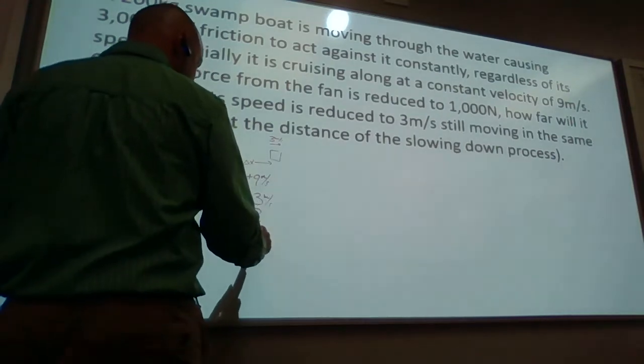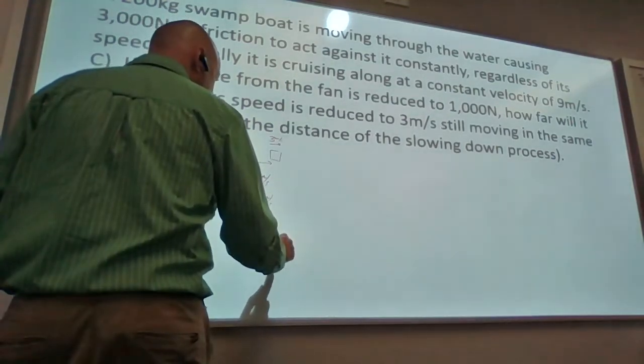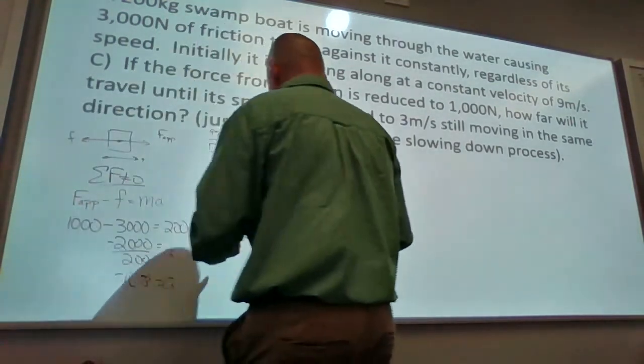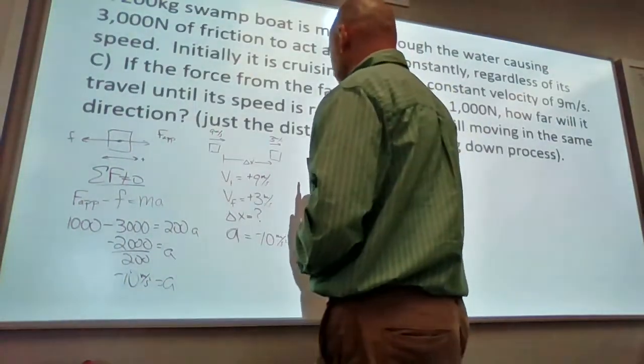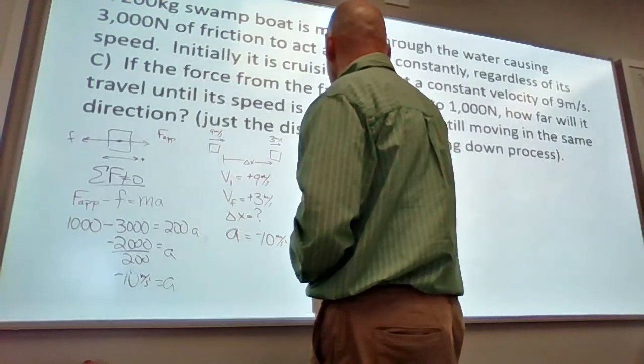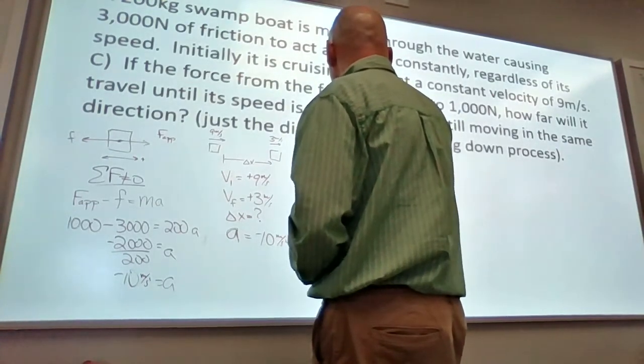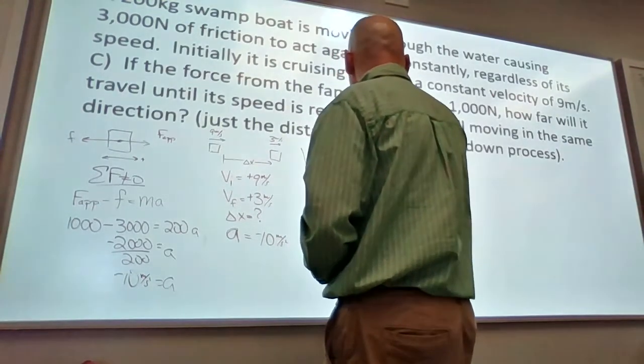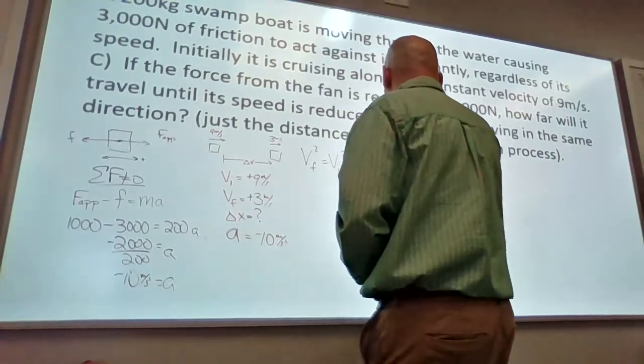Once I get that, it's a negative 10 meters per second squared, and now I've got enough information to do either. You could either choose, oh no, you can't. You're just choosing this equation. This is the equation that's going to get your answer straight away.